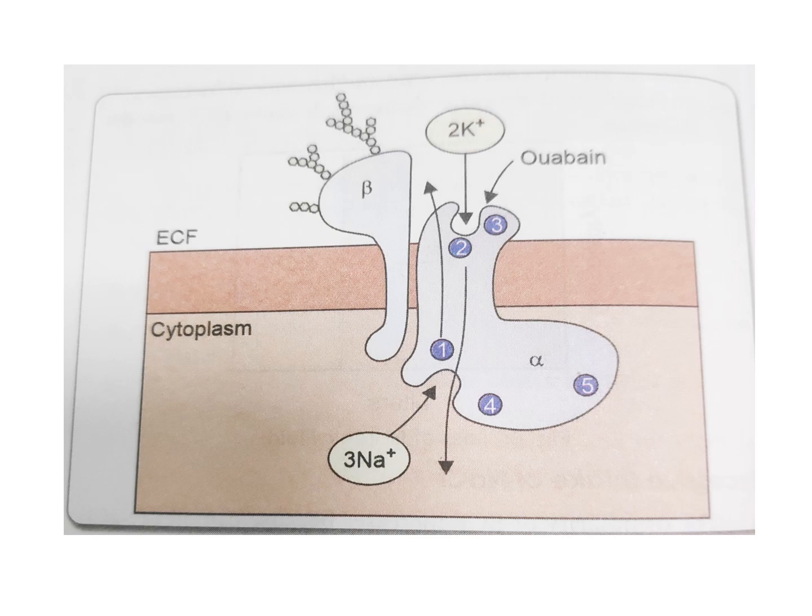Now if we want to see the structure of the sodium potassium ATPase pump, you will see that it is actually a heterodimer. It has 2 subunits, and both of the subunits are different. One is the alpha subunit, another is the beta subunit. The alpha subunit has the intracellular and extracellular binding sites. The intracellular portion of the alpha subunit has a sodium binding site, that is 1, a phosphorylation site, that is 4, and an ATP binding site, that is 3.